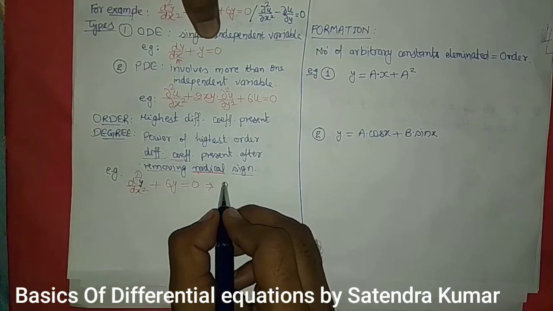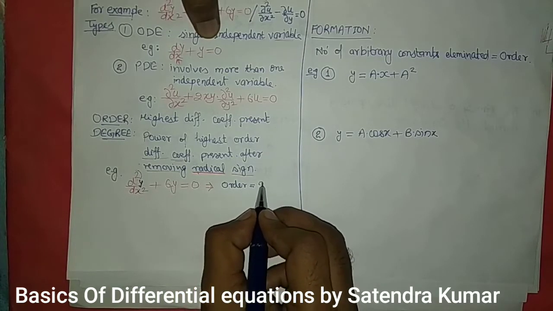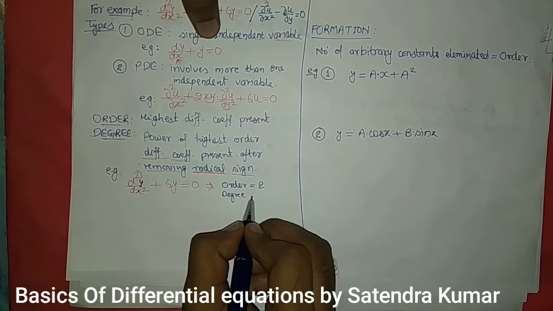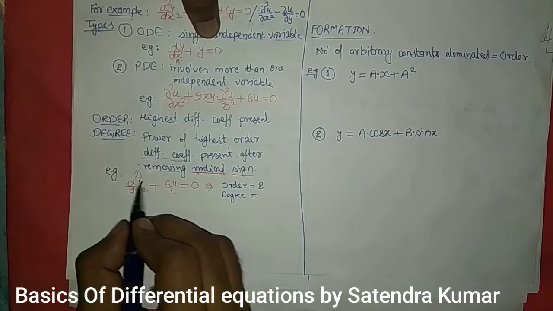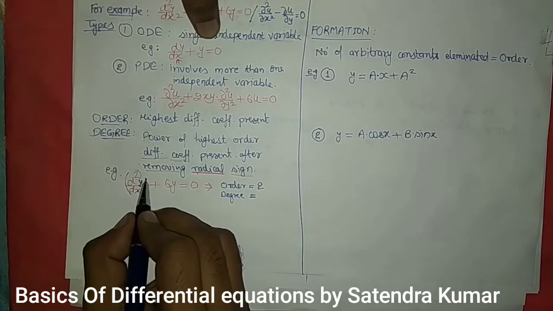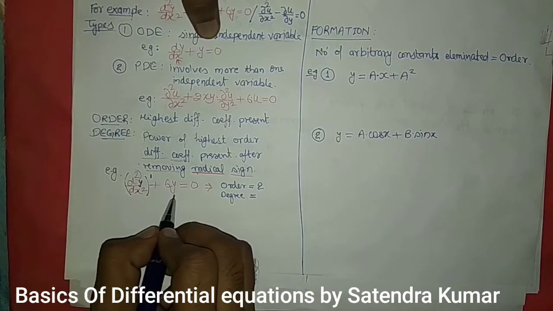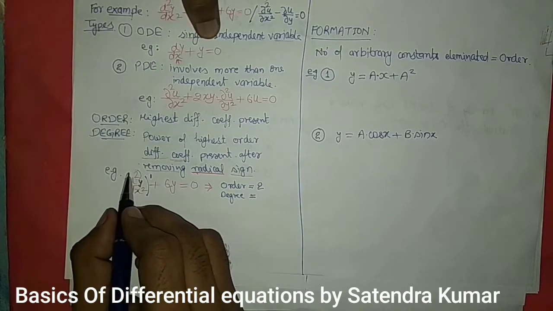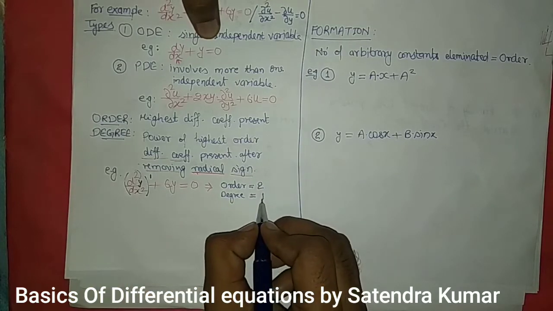So the order of the differential equation is 2, but the degree, by definition, is calculated only from the highest order differential coefficient. So the degree of this differential equation, that is the power of the highest order differential coefficient, is 1.